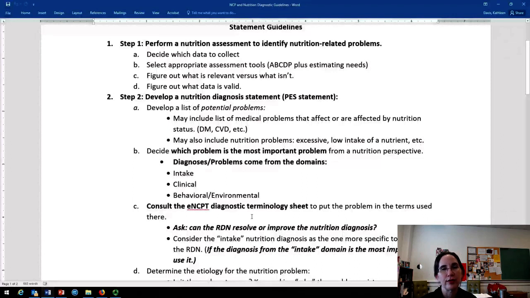And then you're going to go to the online ENCPT, find the nutrition diagnostic terminology sheet, and you're going to actually choose the exact terminology to describe your nutrition problem. Then you're going to ask yourself, can the RDN actually affect this nutrition problem that you've chosen? That's an important part of it. And if there are several problems, if there's an intake problem that can be used.